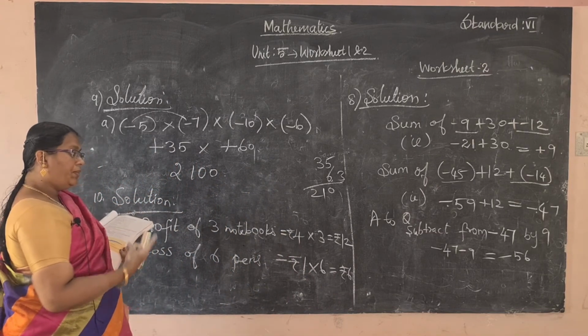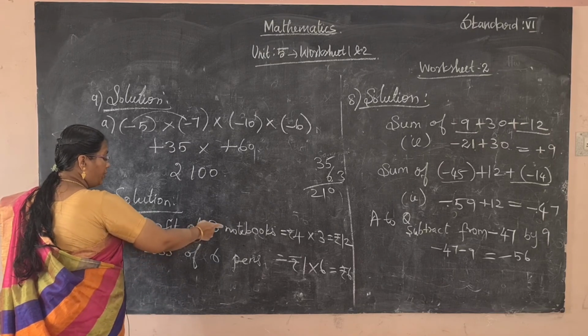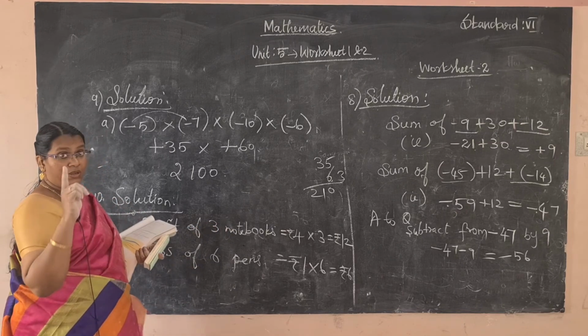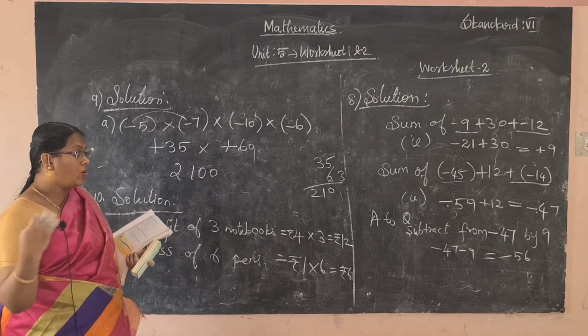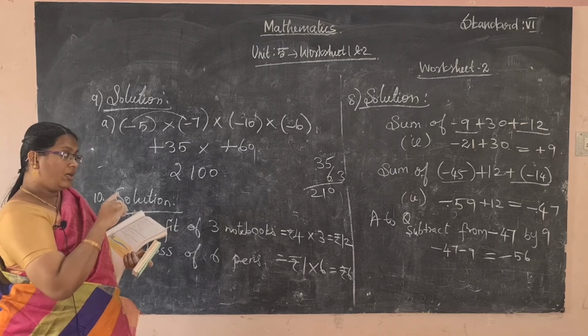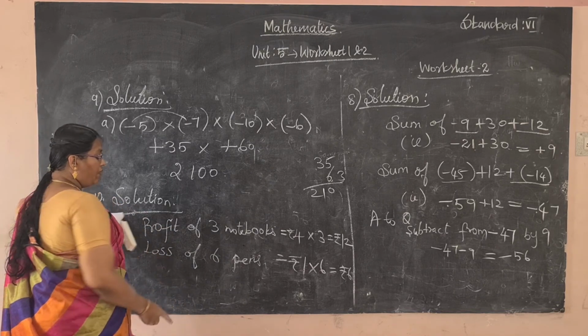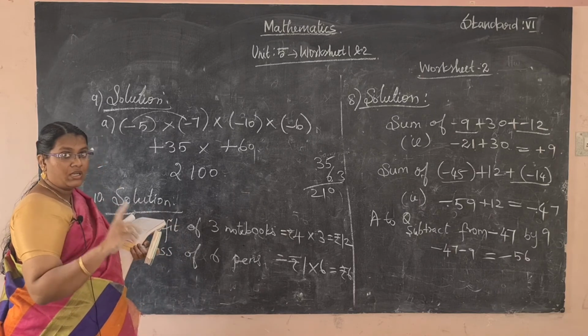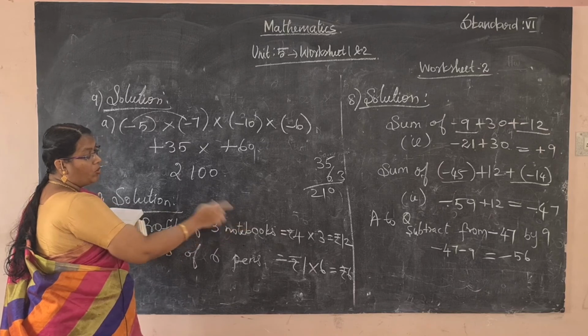So find his profit. Did that man get a profit or a loss? Profit, because the profit on each notebook is 4 rupees. So 3 notebooks are sold, he got 12 rupees, but the loss on every pen is rupees 1. He sold 6 pens, so the loss amount is 6.